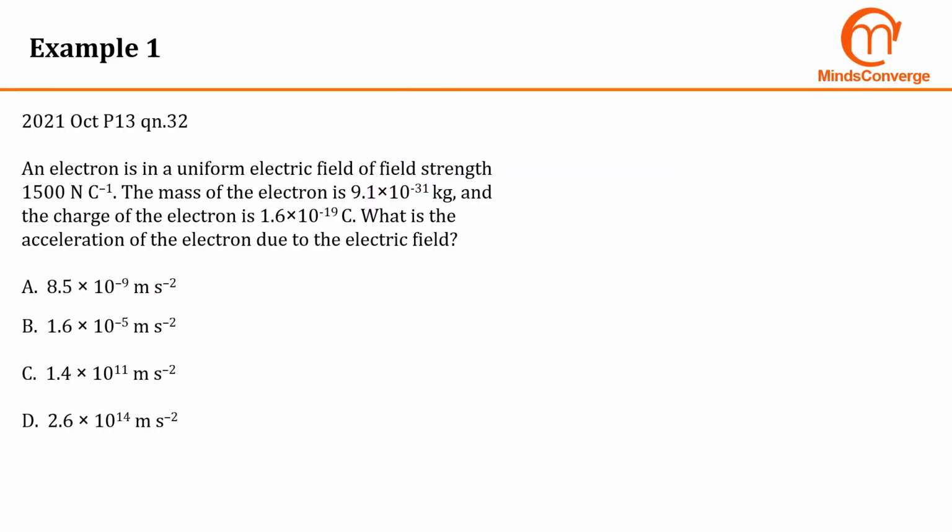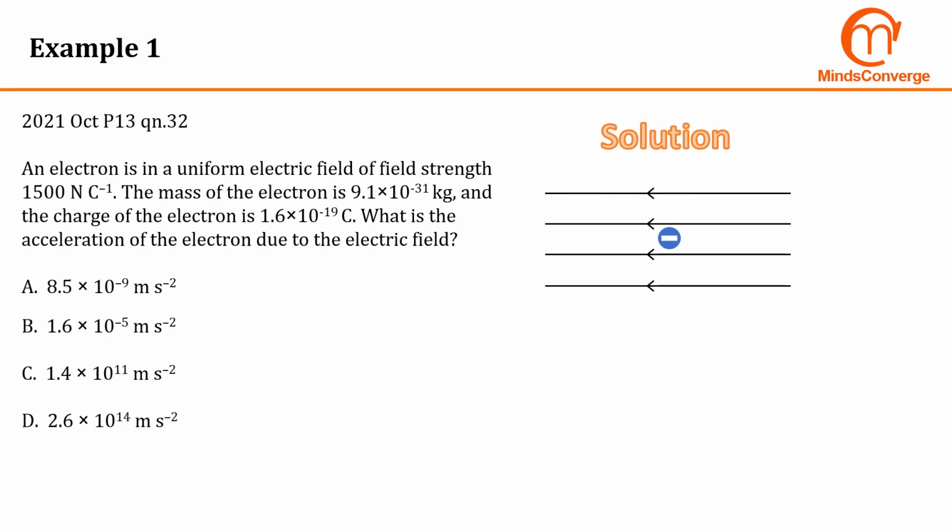Let's try some examples. Please pause the video to try the question. In this question, an electron is placed in a uniform electric field. The electron will experience an electric force Fe. Since the electric field is uniform, the electric field strength is the same anywhere in the field, so the electric force is constant, which causes a constant acceleration.